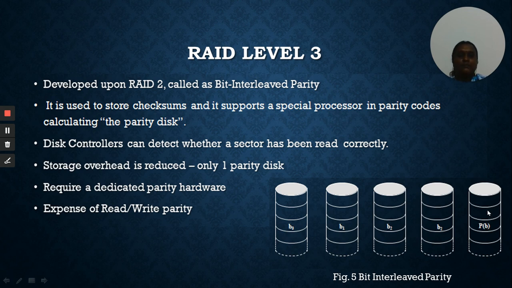The storage overhead is almost reduced because there is only one parity disk. You may ask why we store this parity. It is also extra storage which consumes some space, but still this bit interleaved parity will be able to rebuild the data whenever data is lost.